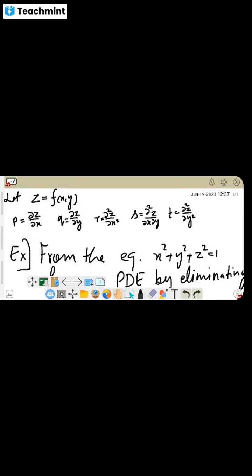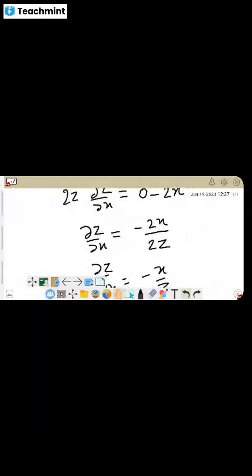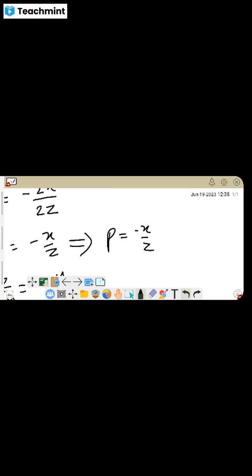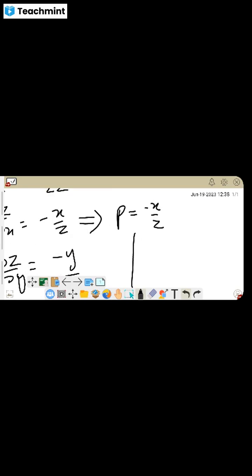So here we can write p is equal to minus x over z, which gives z is equal to minus x over p.